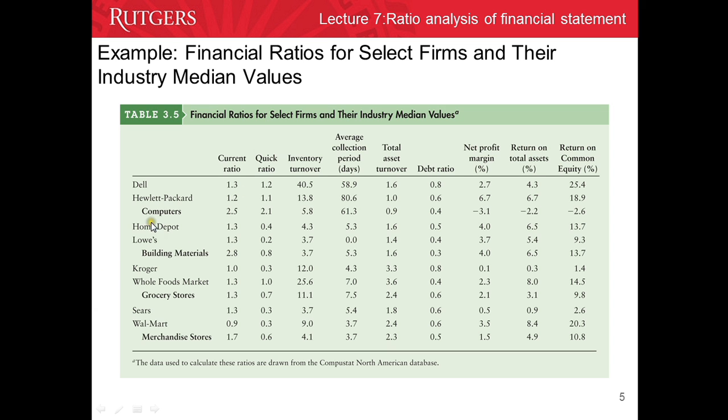Also, we can see the benchmarking between Home Depot and Lowe's, Kroger and Whole Foods Market, and Sears and Walmart. And these companies also compare their ratios to the industry average, like Home Depot and Lowe's to building materials, Kroger and Whole Foods Market to grocery stores, and Sears and Walmart to merchandise stores.